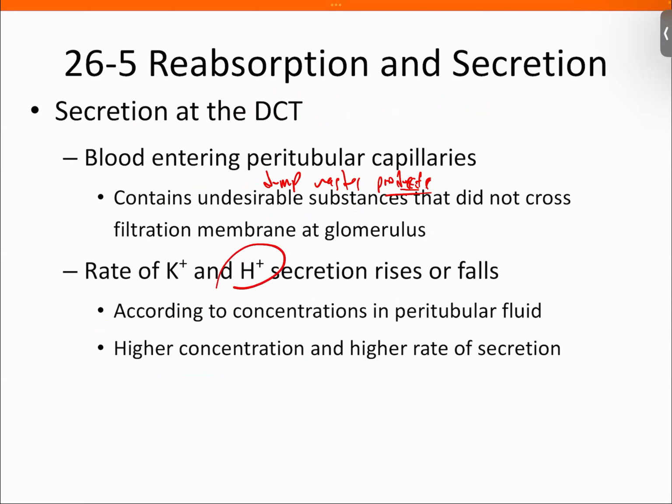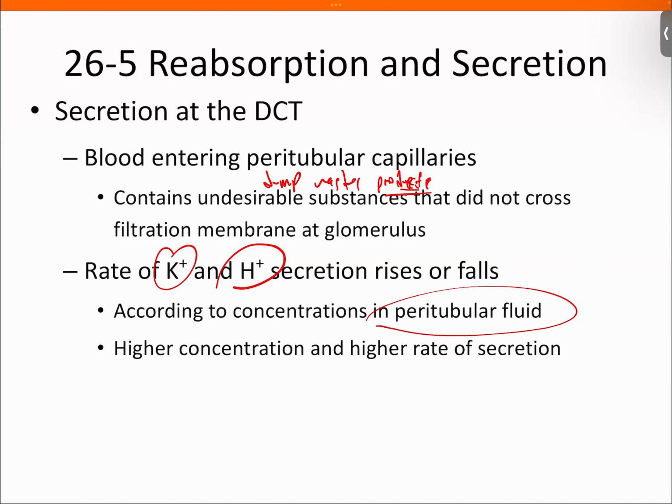For instance, hydrogen secretion and potassium secretion will rise and fall depending on what you need. This depends on what you already see in those peritubular spaces. If you already see a deficiency in potassium, that's going to favor potassium exiting the filtrate and moving into that space. Same thing with the hydrogen.